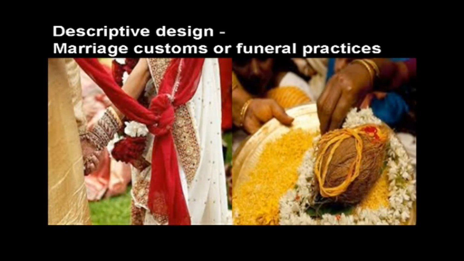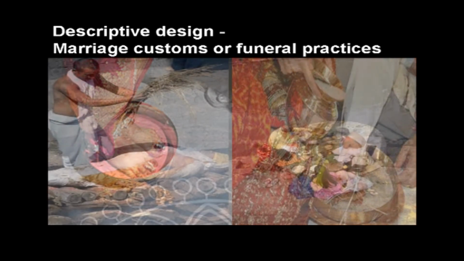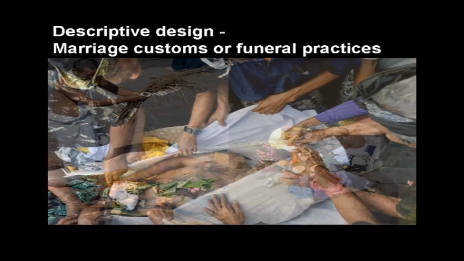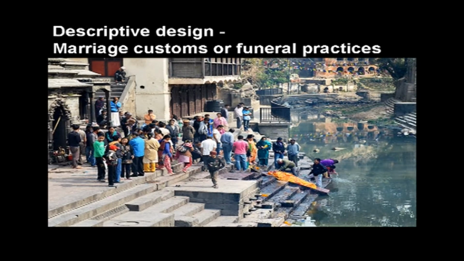Certain other social research may have the objective of describing the marriage customs or funeral practices of a particular community with a sociological concern. These types of research questions presuppose much prior knowledge of the problem to be investigated.